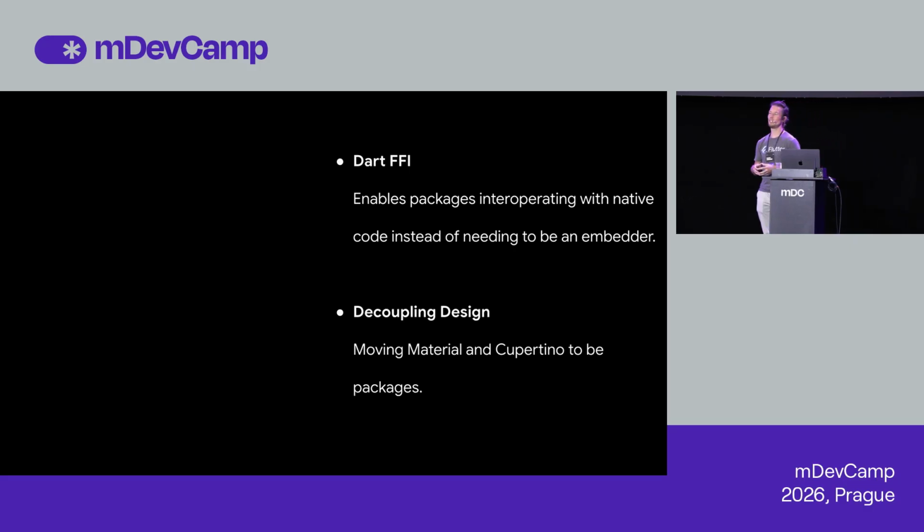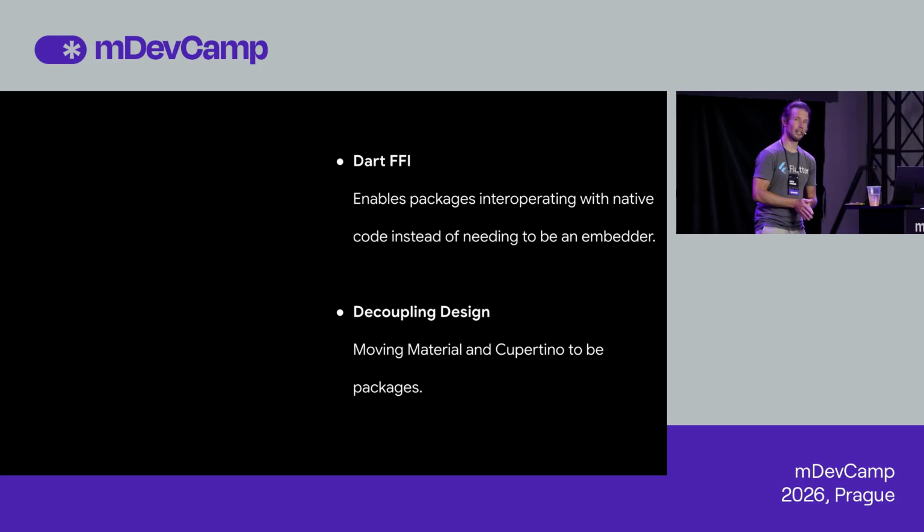Another project illustrating this principle is what Flutter is currently doing. Flutter is doing something called decoupling design, which is moving Material and Cupertino outside of the Flutter framework into separate packages. And the reason that this project was started is because if it's coupled with Flutter, it means that everything needs to go through the Flutter repo.